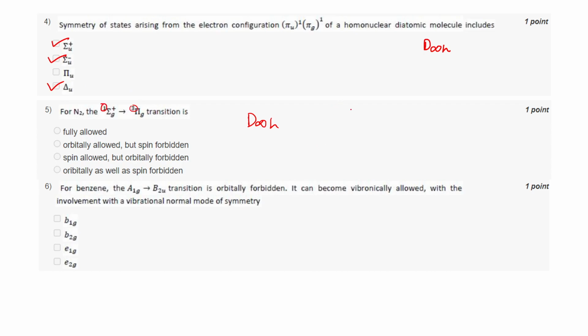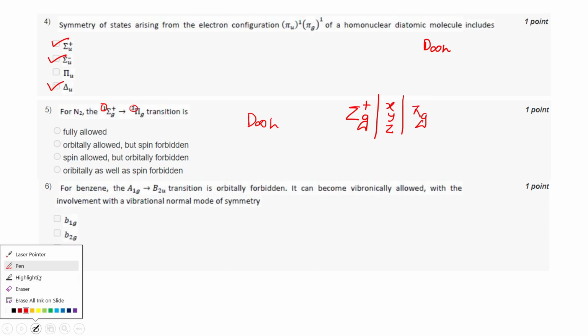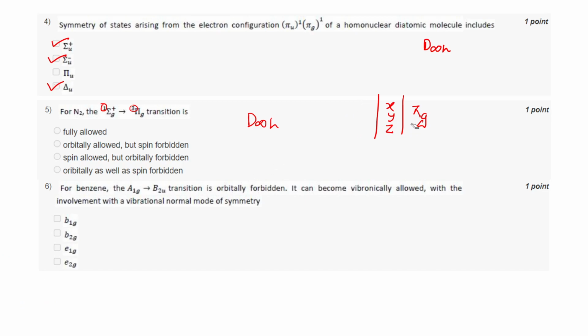Now we have to see that if sigma plus g, now here any of x, y, z or your pi z. So actually I should write it the other way around. Here it is pi z, here it is sigma plus g.